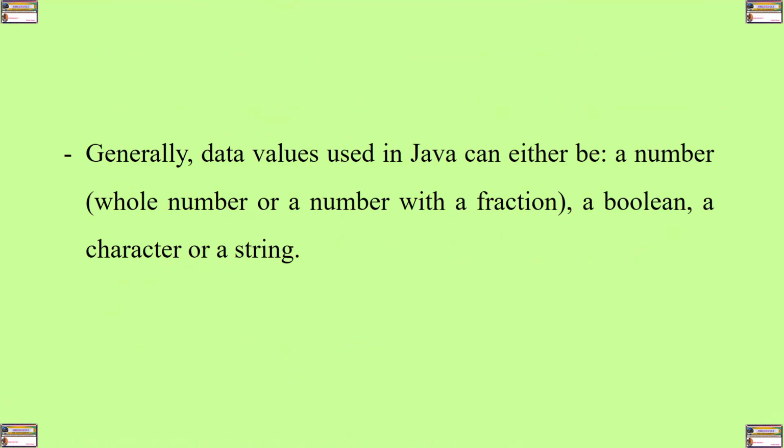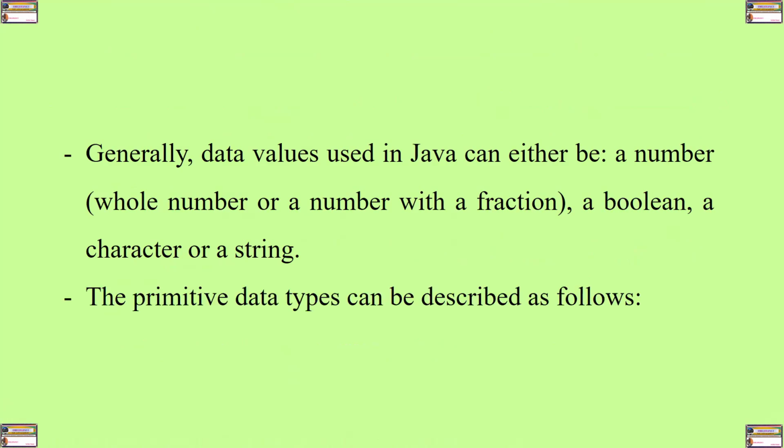Generally, data values used in Java can either be a number, which is either a whole number or a number with a fraction. It can be a boolean, a character, or a string. The primitive data types can therefore be described as follows.